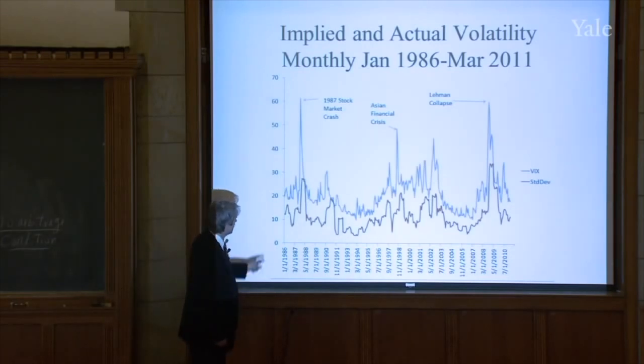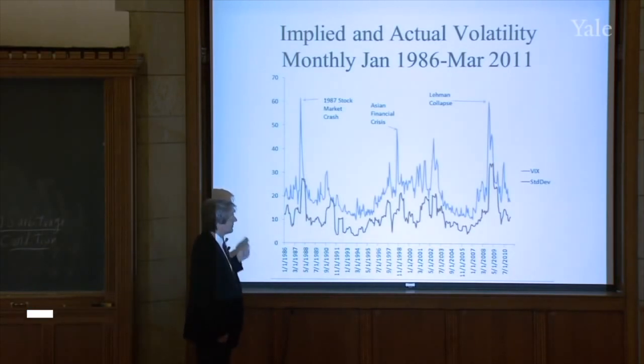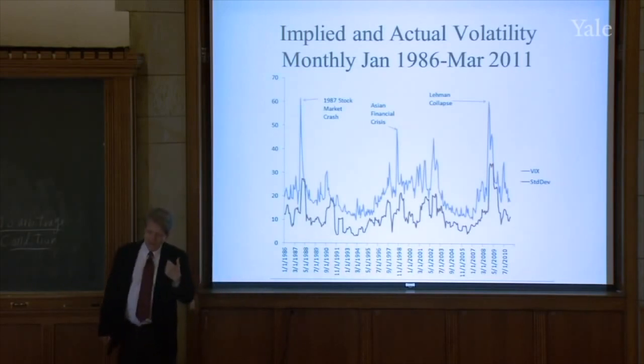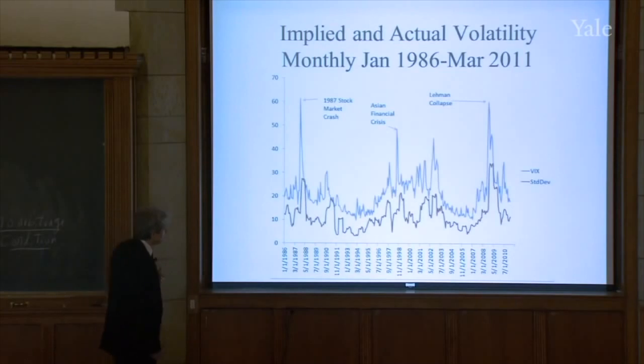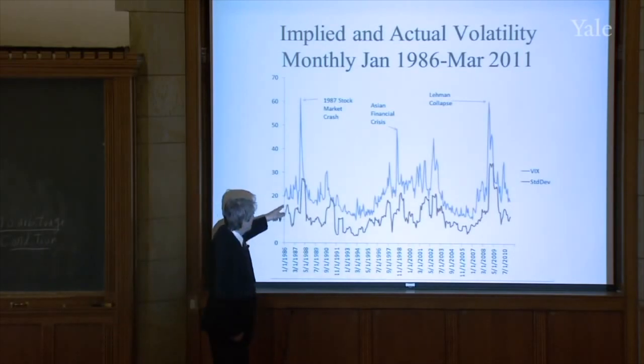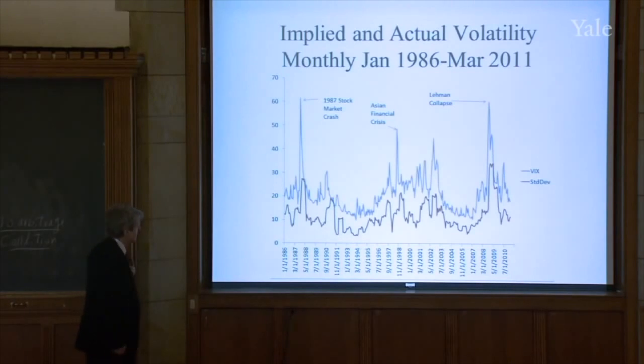And so they have computed, based on the front month option, the near options, what the options market thought the volatility of the stock market was. That's the blue line. And you can see it had a lot of changes through time. So that means that options prices were revealing something about the volatility of the stock market.